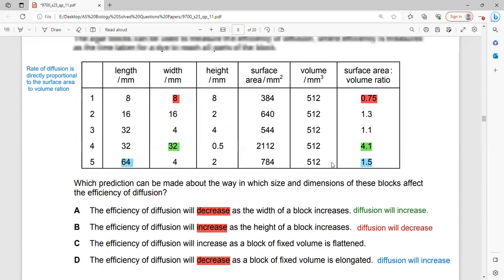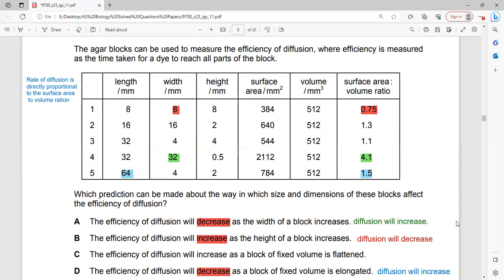The first option says the efficiency of diffusion will decrease as the width of the block increases. If you see in option number 4, the width is 34, the highest value in this column of width.